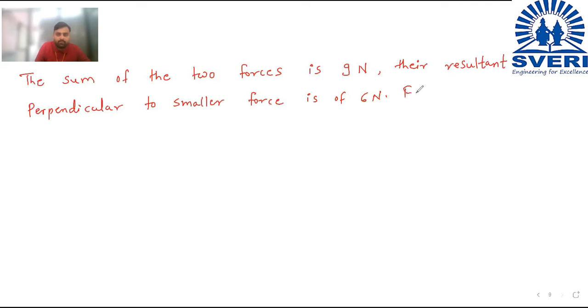Full stop. Find the magnitude of the forces. Find the magnitude of the forces.